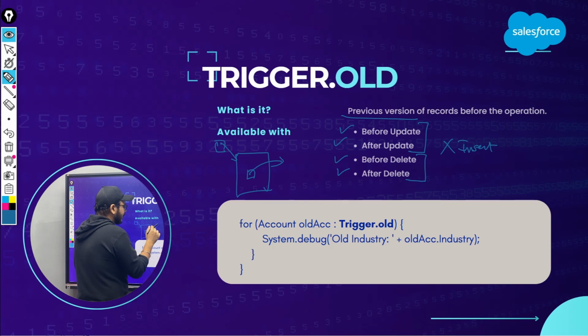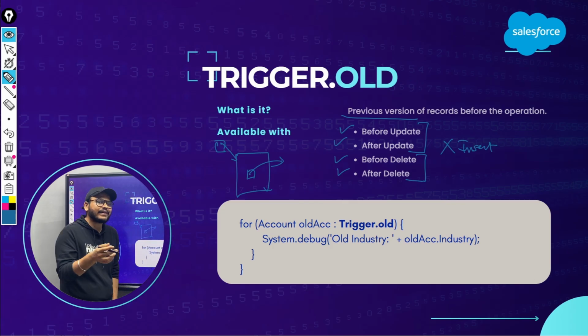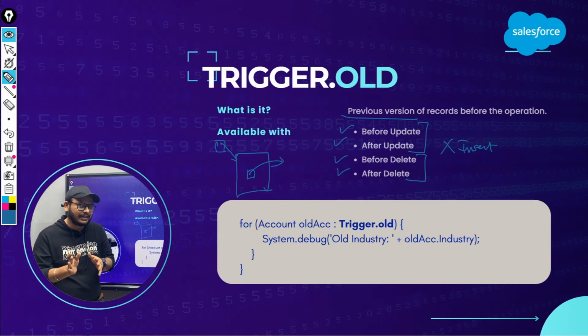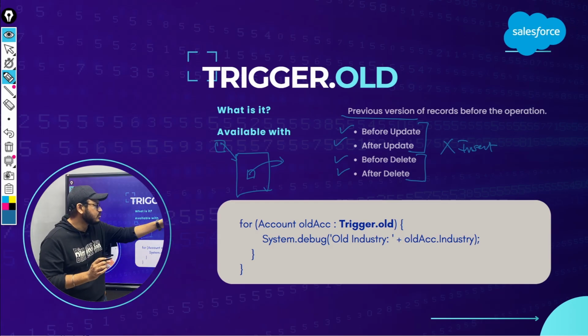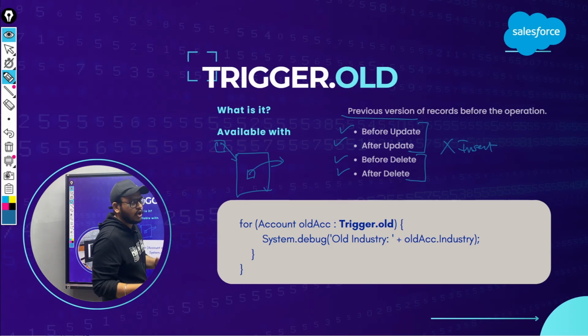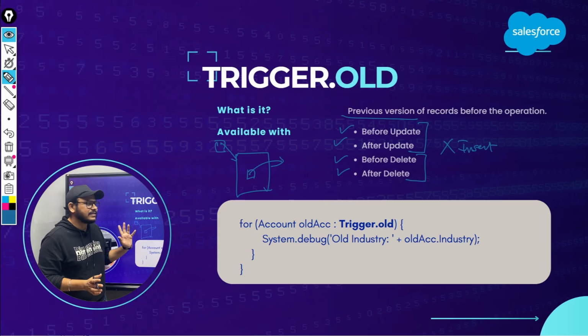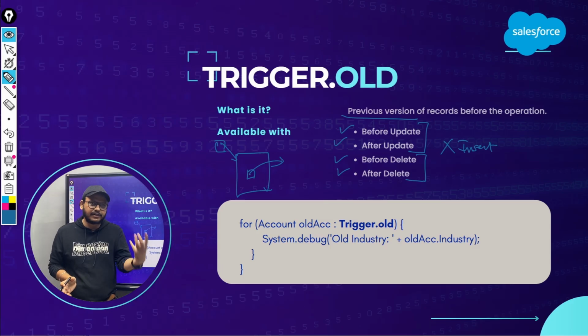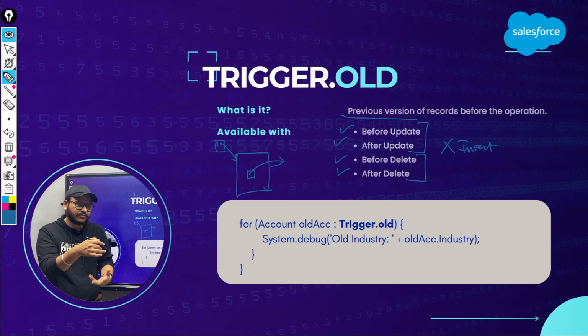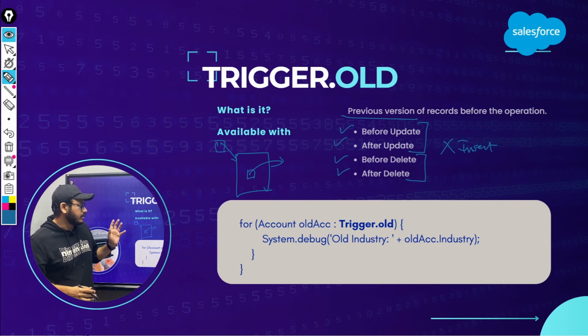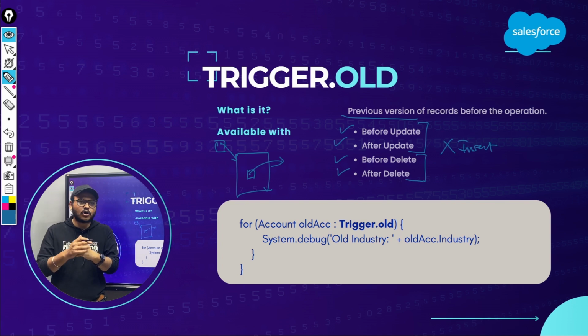Trigger.old is basically the value of the already saved record. Before the trigger started, what was the value of that record? That scenario comes only in case of update and delete. It does not happen in case of an insert operation, because insert is a completely new record getting into the system. So Trigger.old will only apply on update and delete.